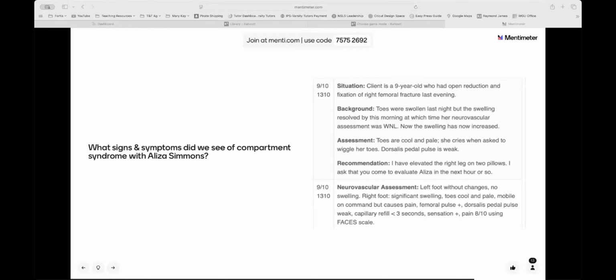Pain. Decreased circulation. Yep. What tells us we don't have good circulation here with our patient? The toes are cool and pale. We have cool, pale toes.